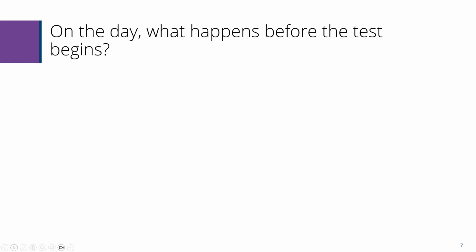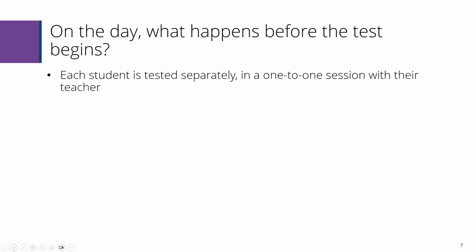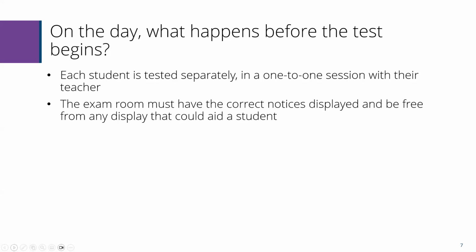So let's just think about what happens on the day of the exam. So on the day, what happens before the test begins? Just note that each student is tested separately in a one-to-one session with their teacher. The exam room needs to have the correct notices displayed and be free from any display that could aid a student.